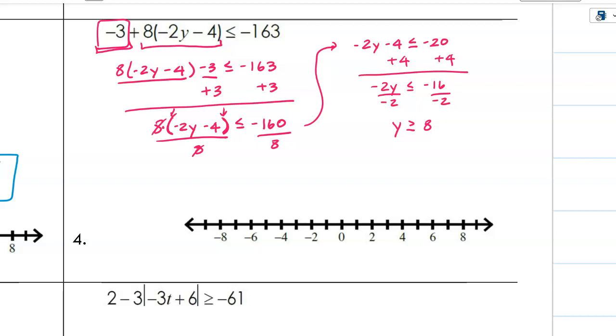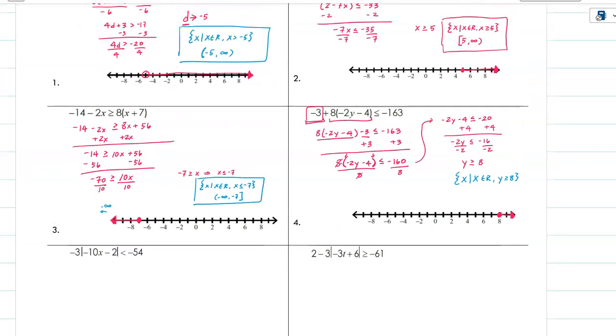Let's go ahead and close the circle, greater than or equal to. There you go. Okay. Let's put it in set builder notation: x such that x is an element of all real numbers. This is y. Y is greater than or equal to 8. Have I been writing all of them as x's?